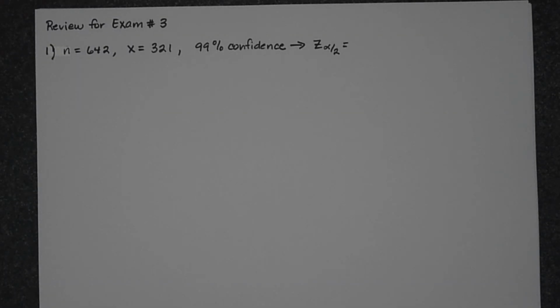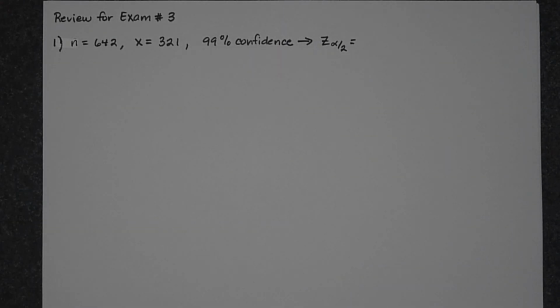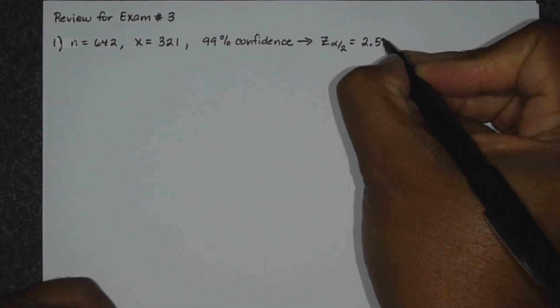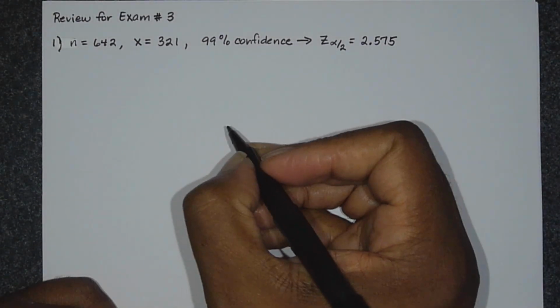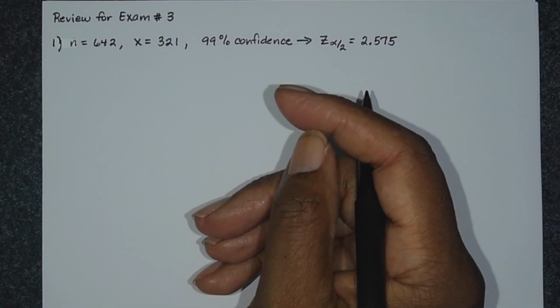Will that be given to us? Yes, in fact, this entire help sheet will be given to you. All right, so the critical z-value is 2.575.